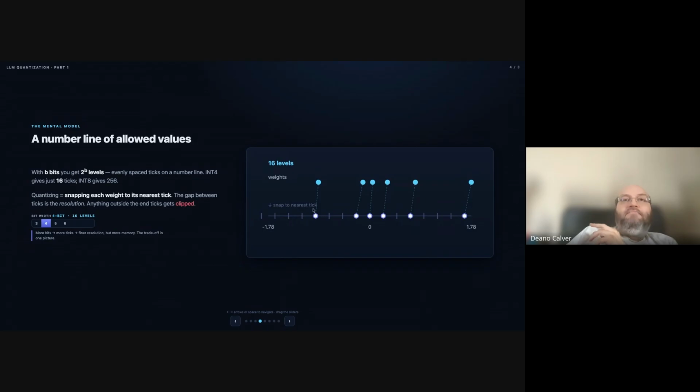If we're 4 bits, we've got 16 values, and we just snap down. If you've got the number 1.5, it's going to end up being either 1 or 0, depending on which way you round. And obviously, the lower the bits, you have fewer ticks on your number line. So you can pretty easily see why low bits get harder, and having a higher number of bits helps because there's just more ticks to snap to.